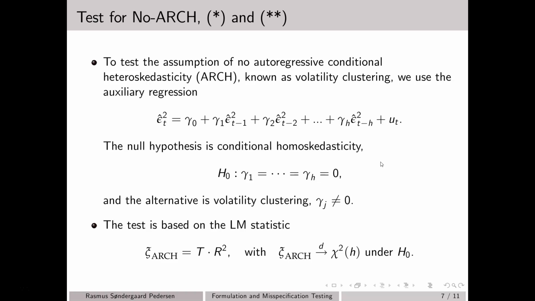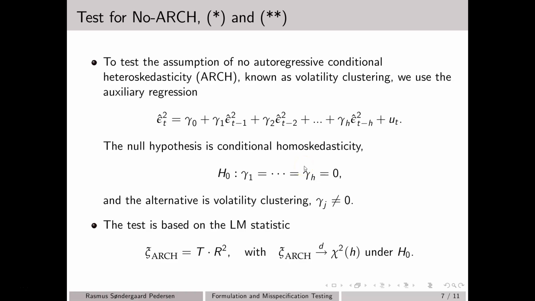In order to test for ARCH effects, we can consider the following auxiliary regression. We consider the squared estimated errors, and we regress them on a constant and some lagged values of the squared estimated errors up to order h. The null hypothesis of no ARCH effects is equivalent to testing for gamma 1 up to gamma h being equal to 0, and under the alternative, at least one of these parameters should be different from 0.